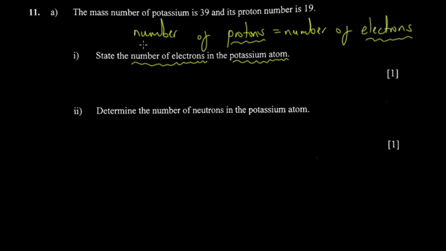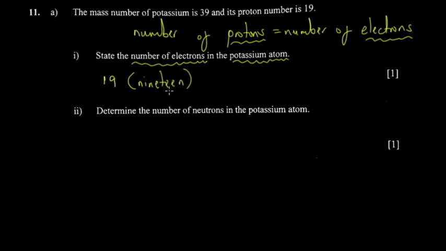If you're asked to state the number of electrons of a neutral atom, it's simply equal to the proton number of that atom. We are given that it's 19 here, so the number of electrons is 19.